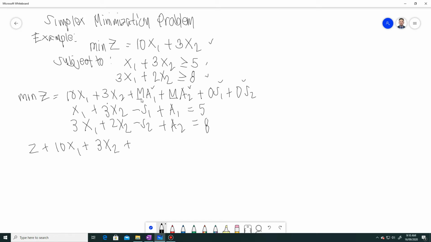M is a big number, so if it is two digits we assign three digits.